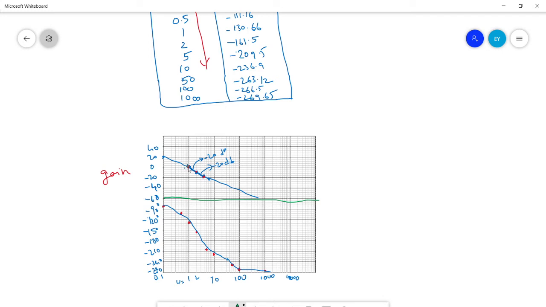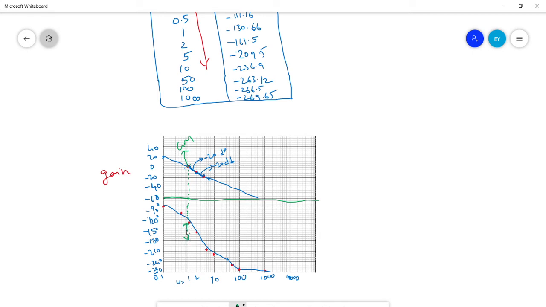If you draw a perpendicular from here, the point at which it touches the phase plot, we have to calculate from minus 180 degrees.